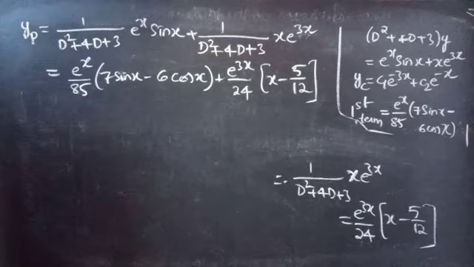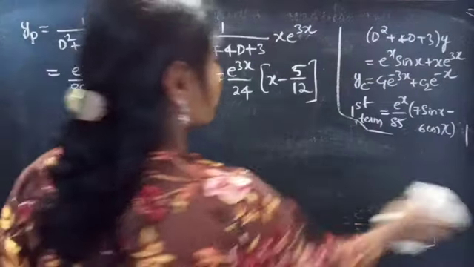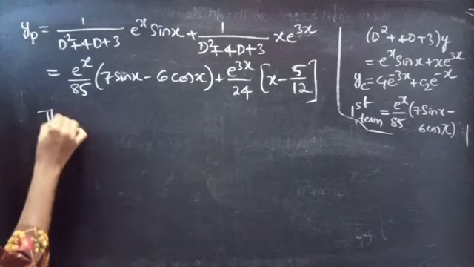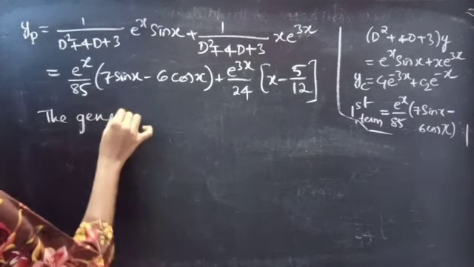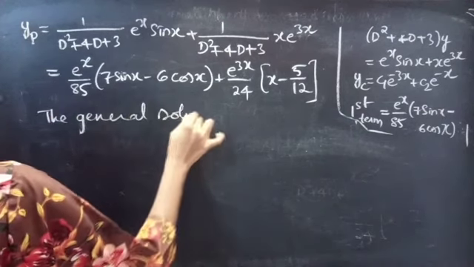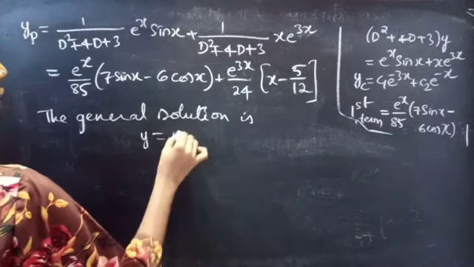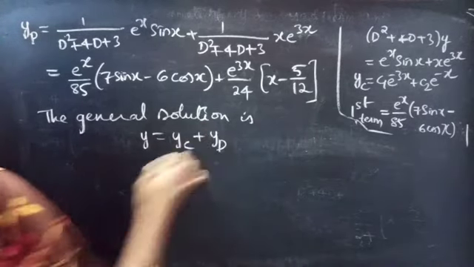Now we can write the general solution because we got yc and yp. The general solution is given by y equals yc plus yp.